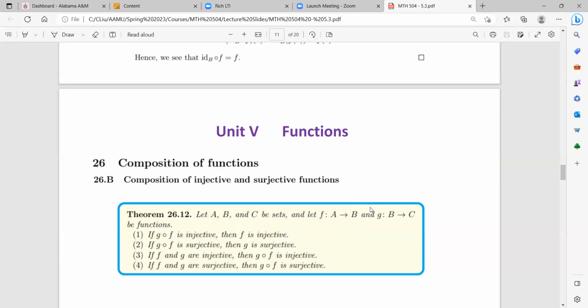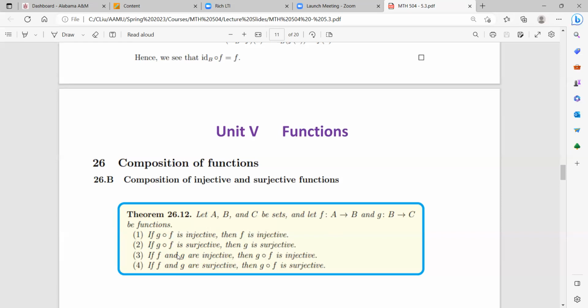All right, that allows us to define the composition of two functions. So then we have a few conclusions here. The first two are about the composition of the two functions, and the other two are the properties of the functions f and g.